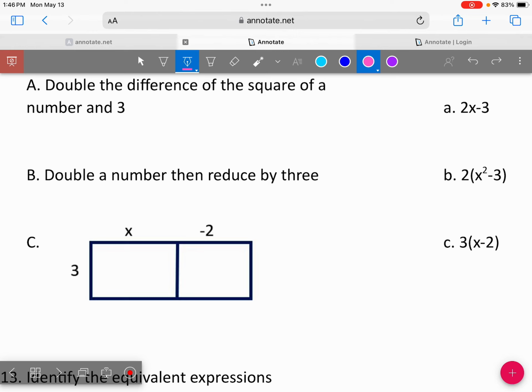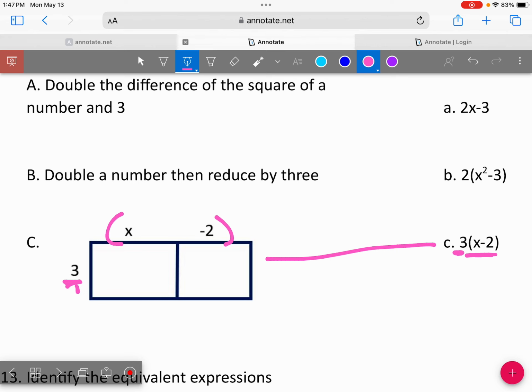We are matching up A, B, and C with little a, little b, little c. C does go with C. 3 times x minus 2. 3 times x minus 2.